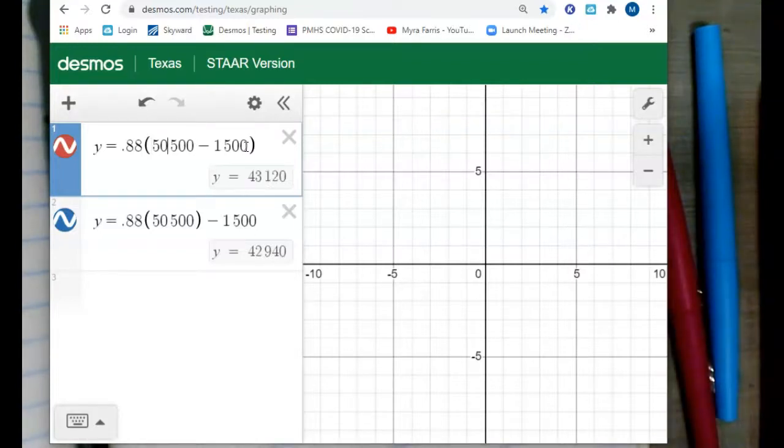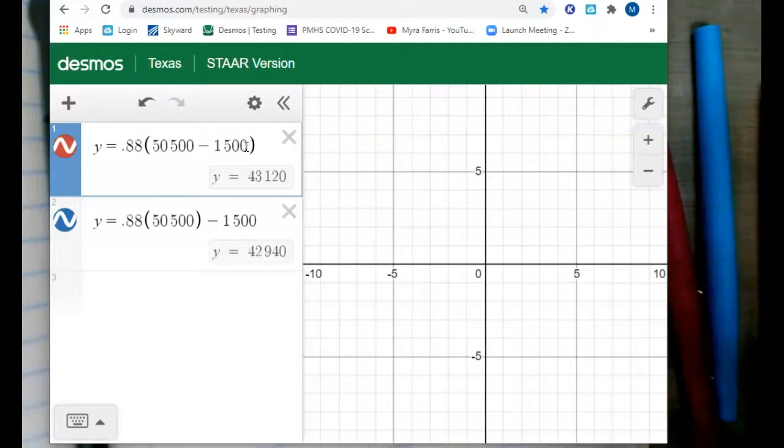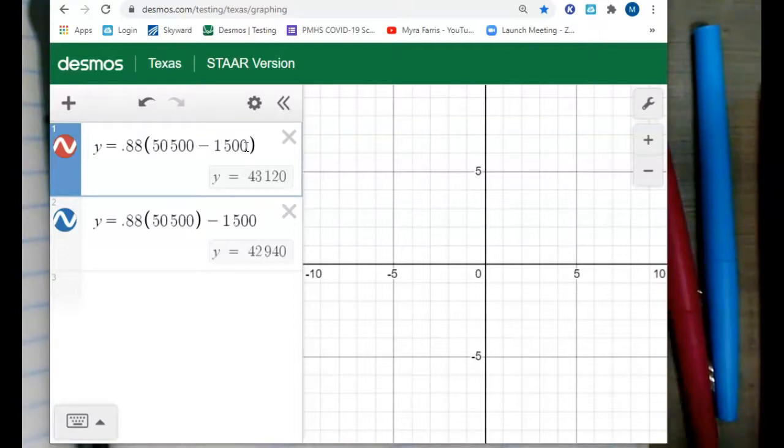I just change the price of the car. I don't have to refigure out the equations. So if I was working at the dealership and had to figure this out over and over again, I could set up equations one time and then just plug in the car number, and I wouldn't have to repeat the same calculations over and over again. So this is one example of where you can use composites.